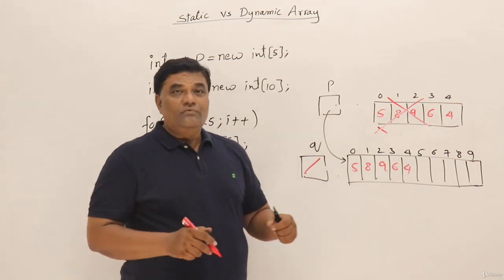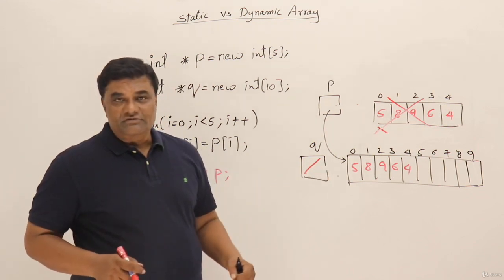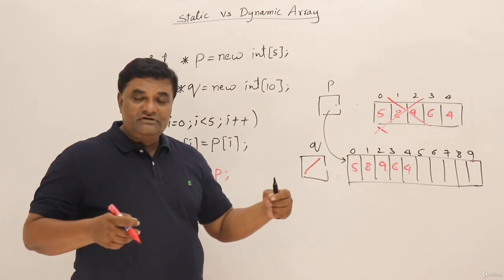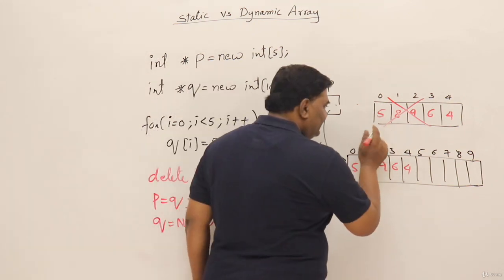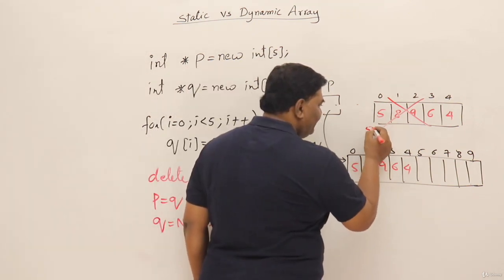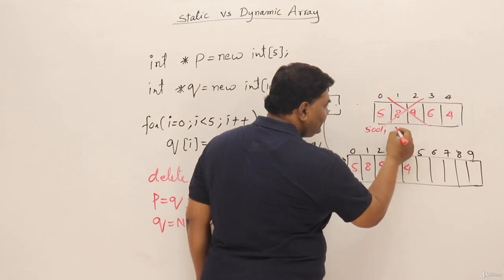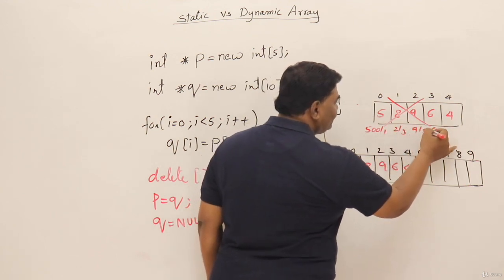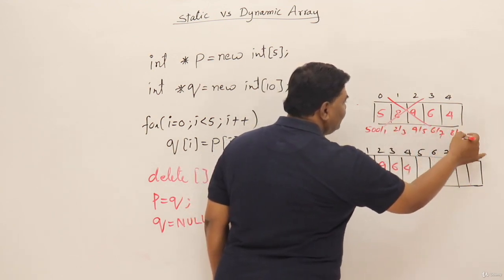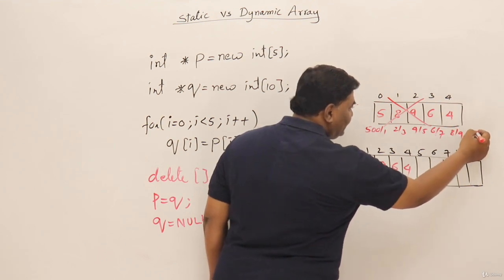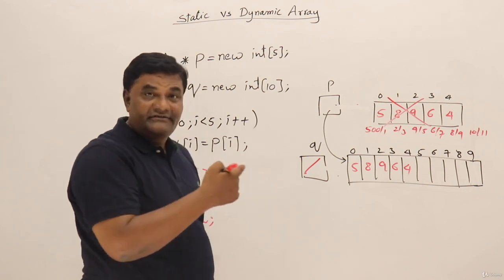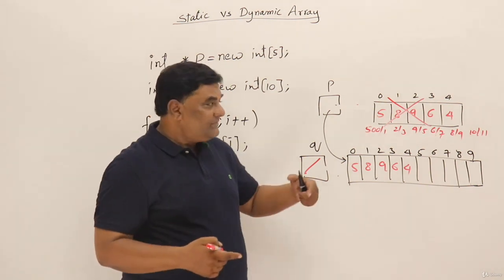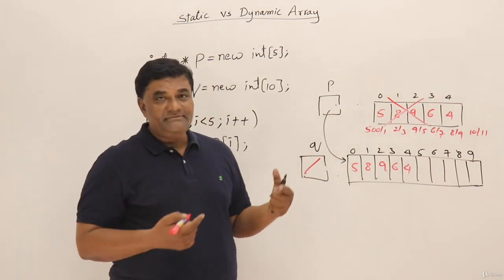Now I'll tell you the reason why the array size cannot be grown. Because the memory for the array should be contiguous. For example, the beginning address of this is 500 and 501. Then this should be 2, 3, 4, 5, 6, 7, 8, 9. Then the next location must be 10, 11. Now we don't know whether that location is freely available or not, or whether it is used by some other object inside the same program.